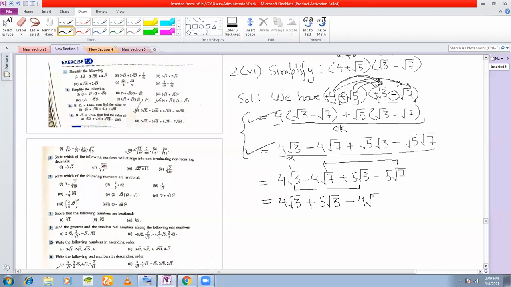Now 4x plus 5x will give you 9x, so this is 9 root 3. And here you have a minus sign, 5 and 4, you get minus 9 root 7. Now you can take a 9 common and you get 9 into root 3 minus root 7. And that is your answer.